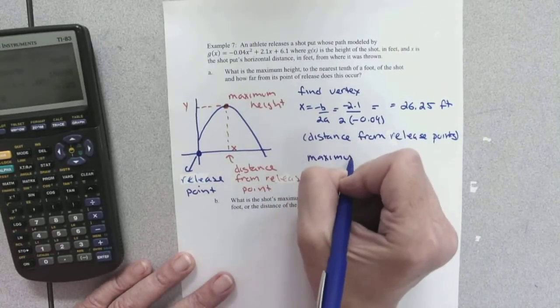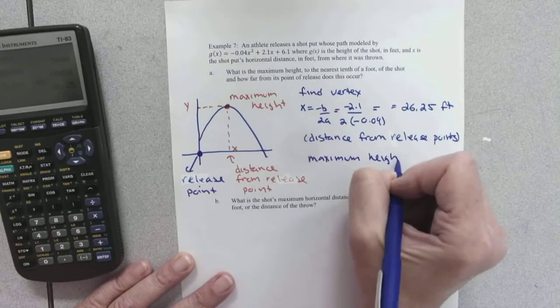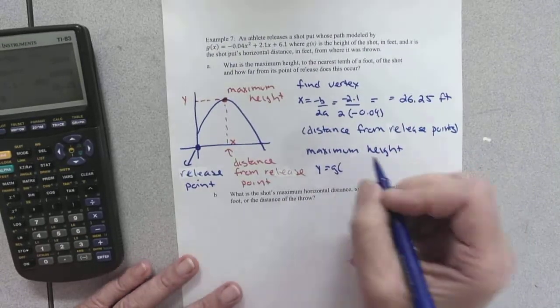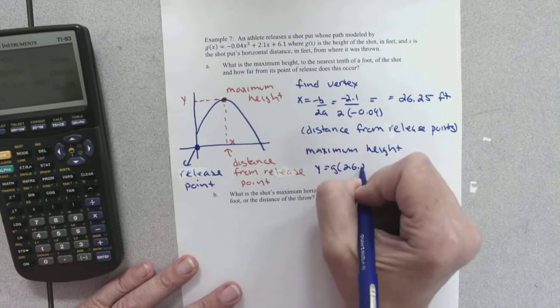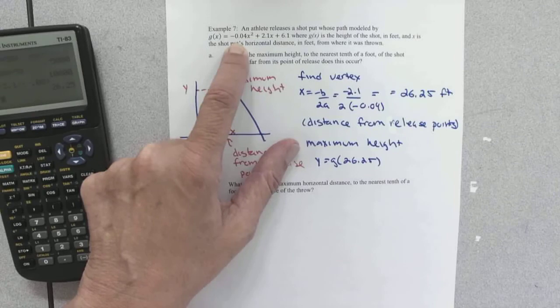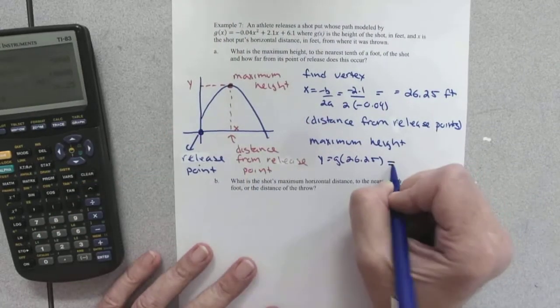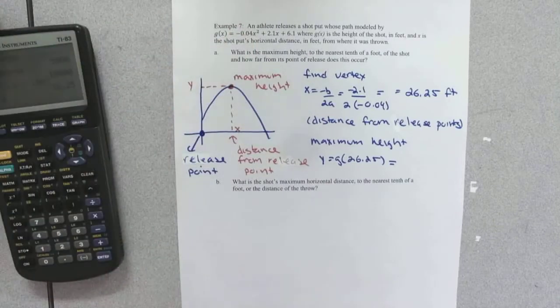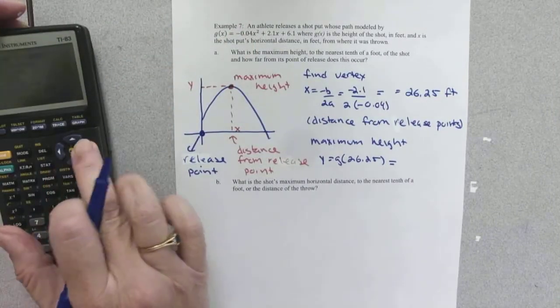Then my maximum height is going to be that y coordinate, so y of g of 26.25, and you're just going to put it into that function. And I don't really have room to write it all out, but I'm just plugging into that function.